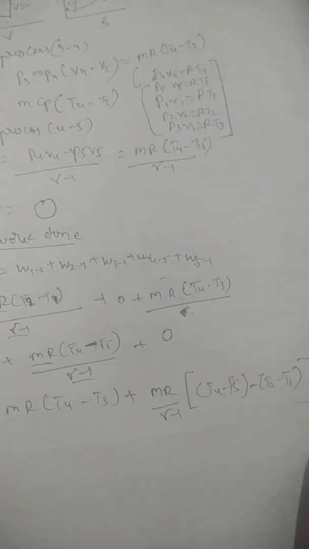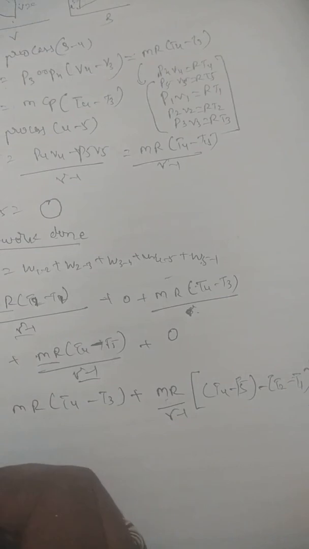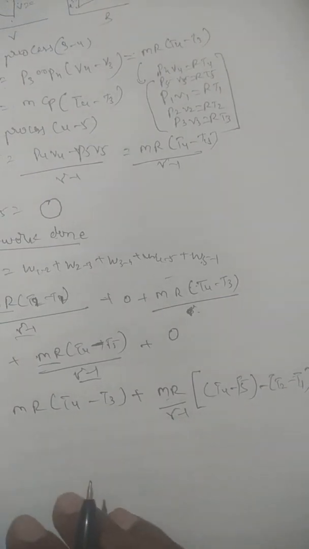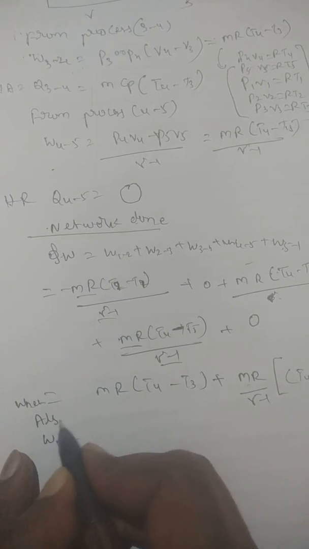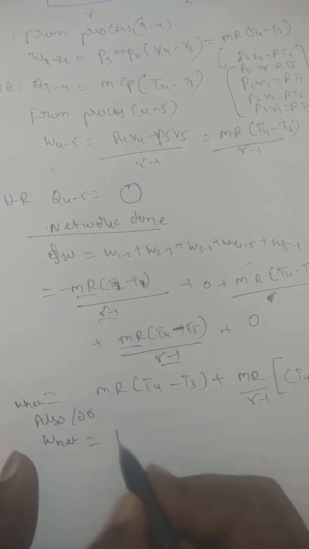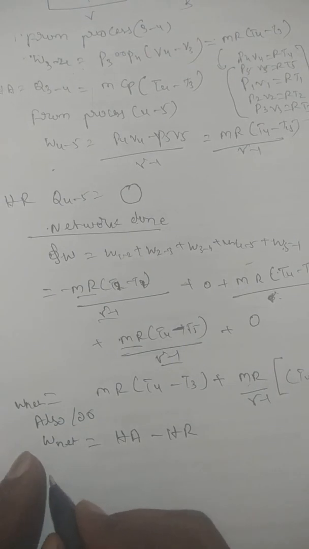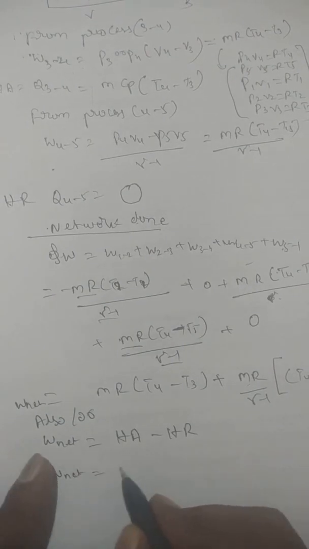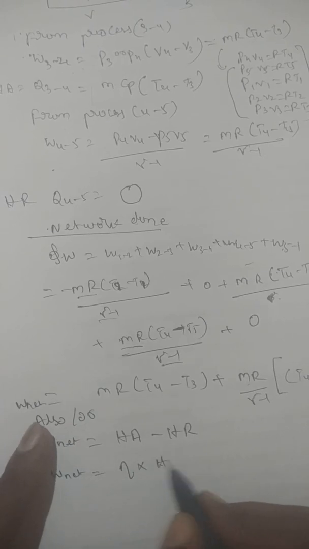Right. So after drawing this one, this is W net. We can also find out the W net by using this formula, or we can also find out heat added minus heat rejected formula, or we can also find out W net is equals to thermal efficiency into heat addition.